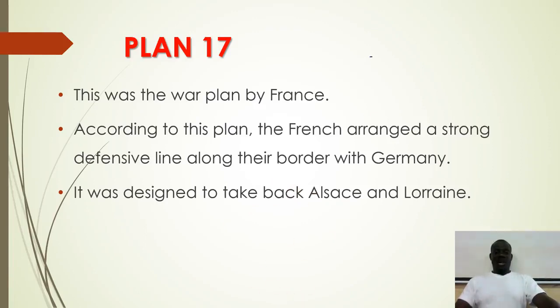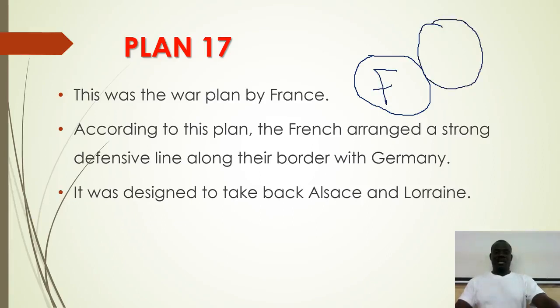It was another plan whereby there is France here, then there is Germany here, making the borders. Now remember, Alsace was just here and Lorraine just here. They were taken by Germany.